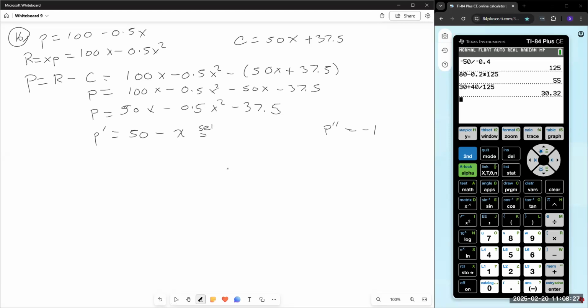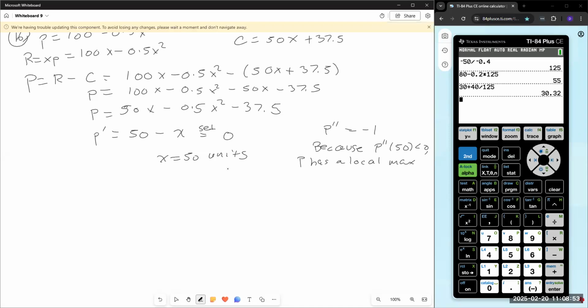I set this equal to 0, x is equal to 50 units of production. So because P double prime of 50 is less than 0, P has a local max when x is equal to 50 units.